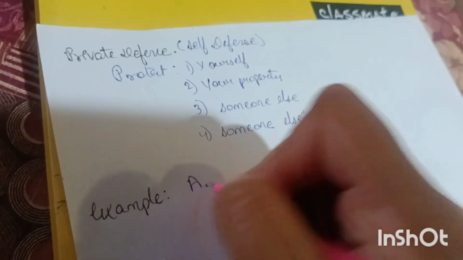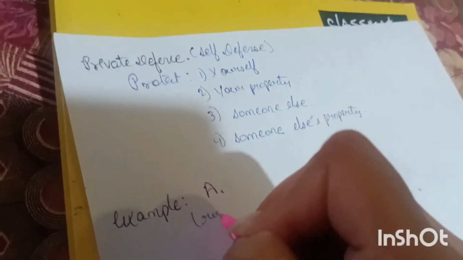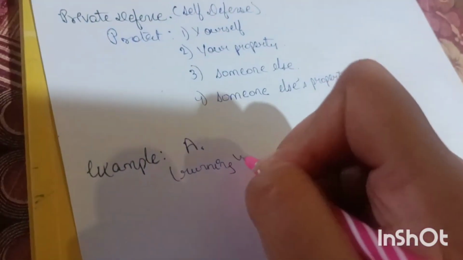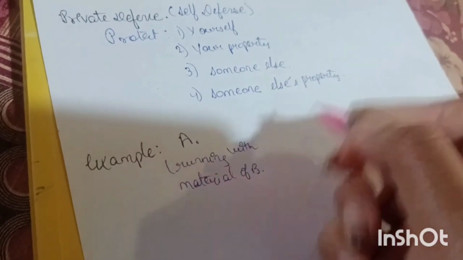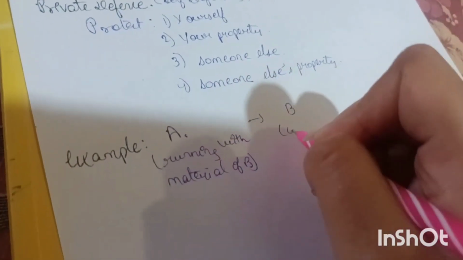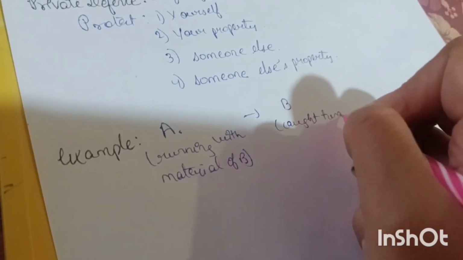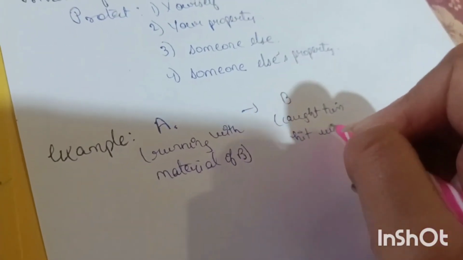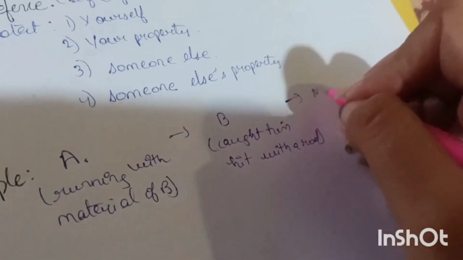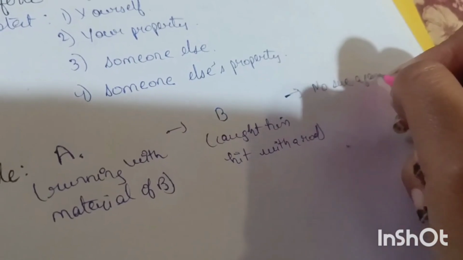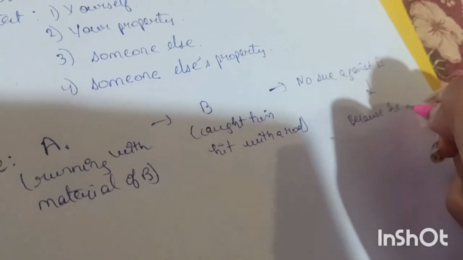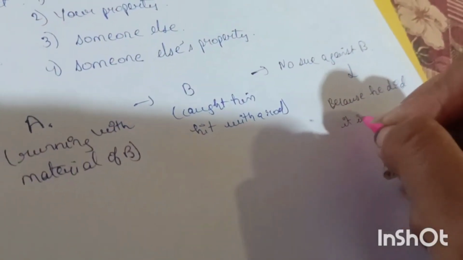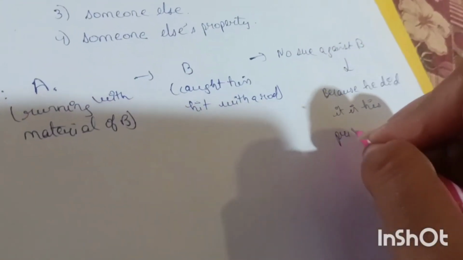You can write it like this: A was running with material of B, and B caught him and hit him with a rod. So no suit against B, because he did it in his private defense.